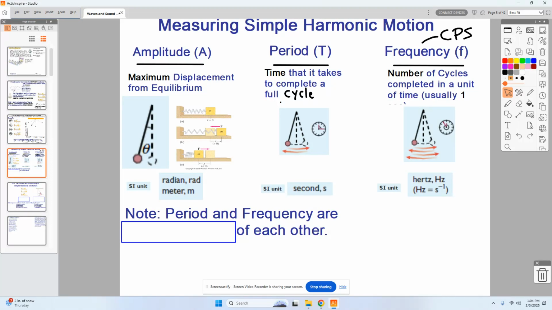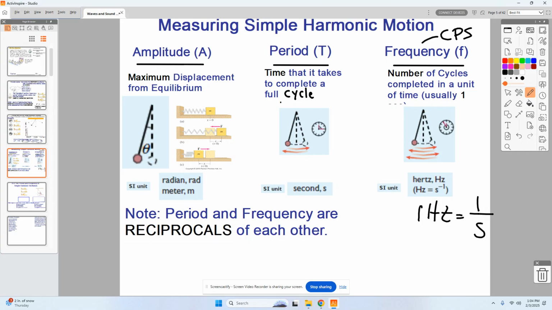So 1 Hz is equal to 1 over a second. So it's cycles per second, we just say per second. Now, period and frequency are reciprocals. And since you guys are very conversant with math, you know that reciprocals means that T would be 1 over F or F would be 1 over T.